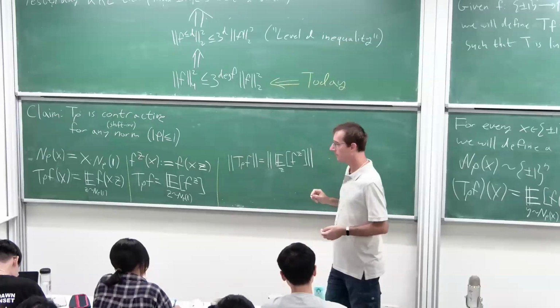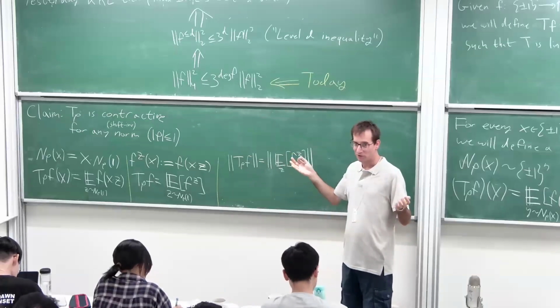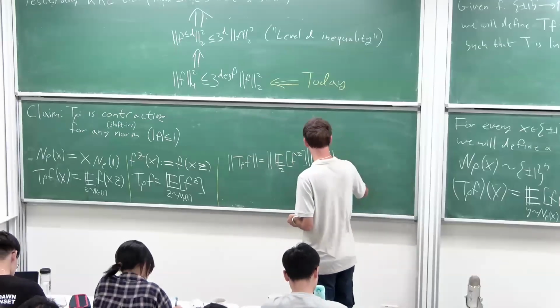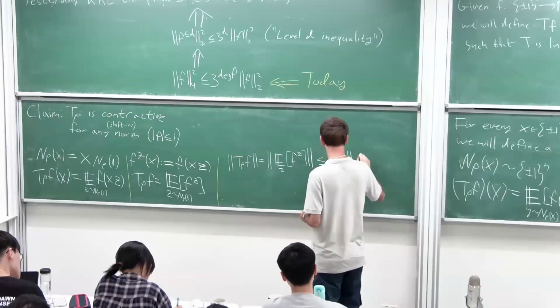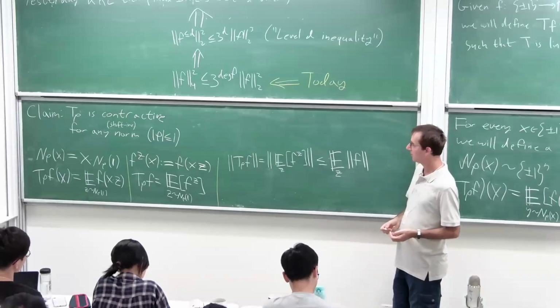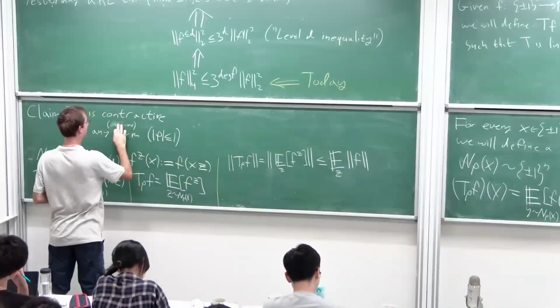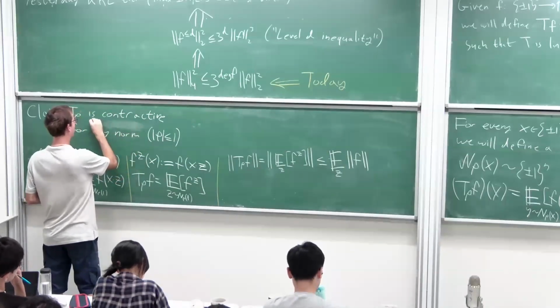And now if we apply the triangle inequality, which is the defining property of norms, then this is at most the expectation of the norm of f_z. Now a norm is called shift invariant, but maybe call it translation invariant.